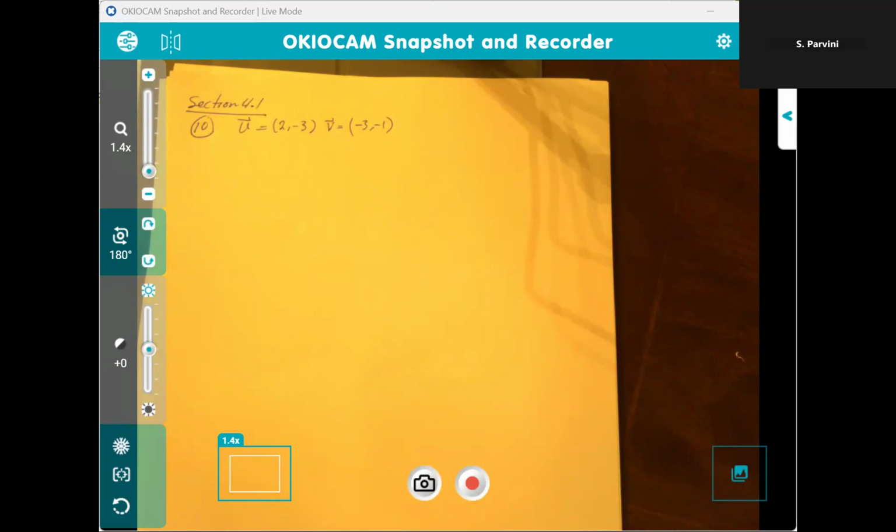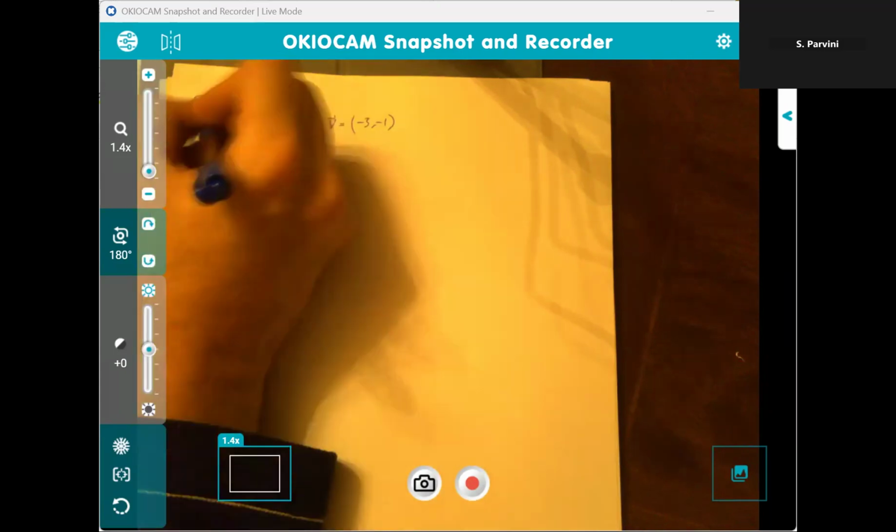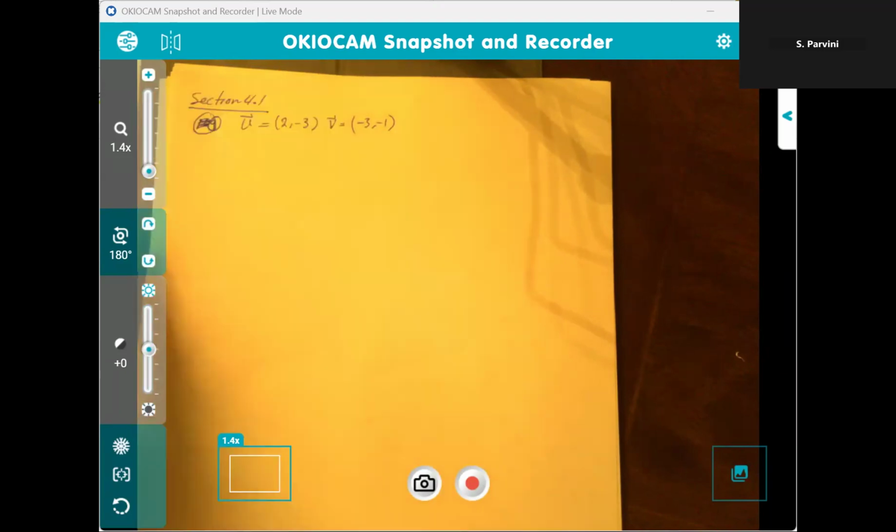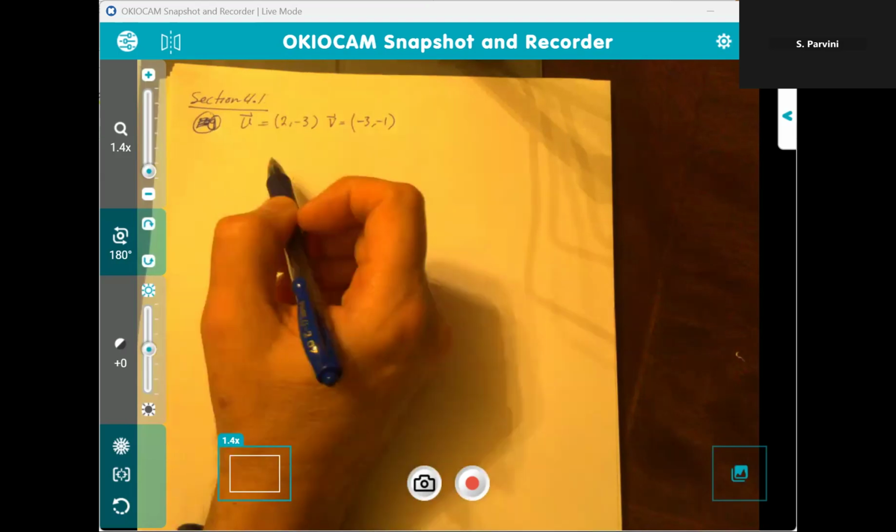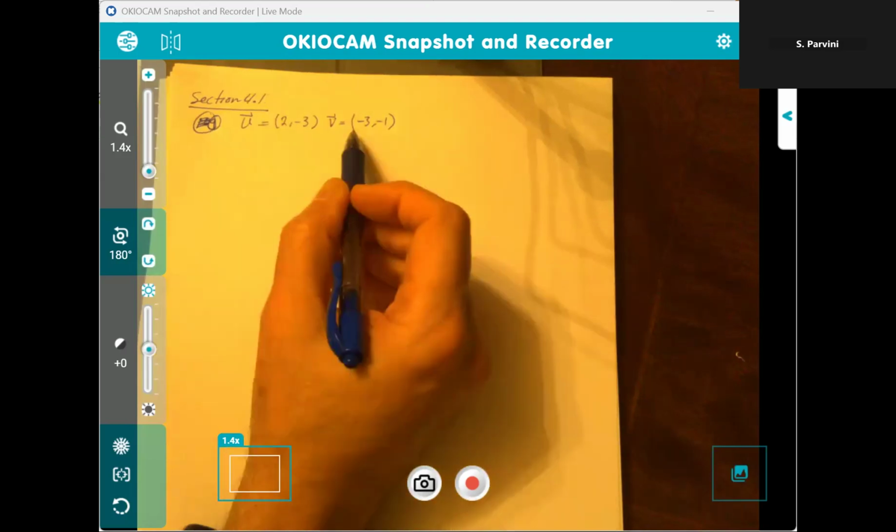This is number 9 I'm doing. Sorry, this is number 9. Okay, in number 9, vector u is 2, -3, vector V is -3, -1.